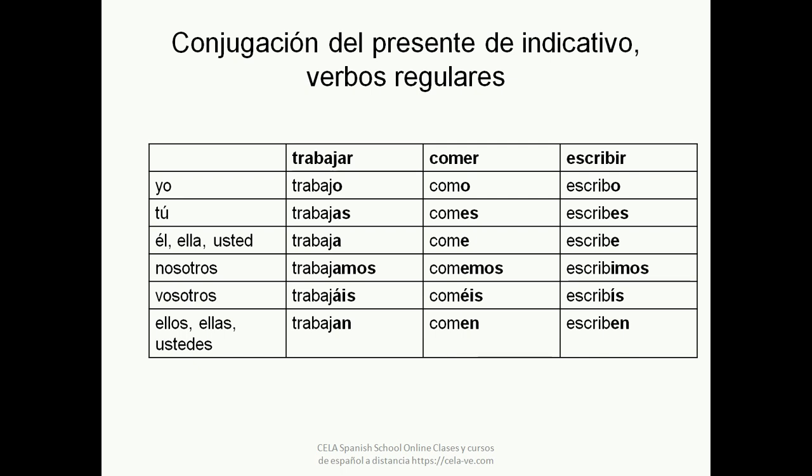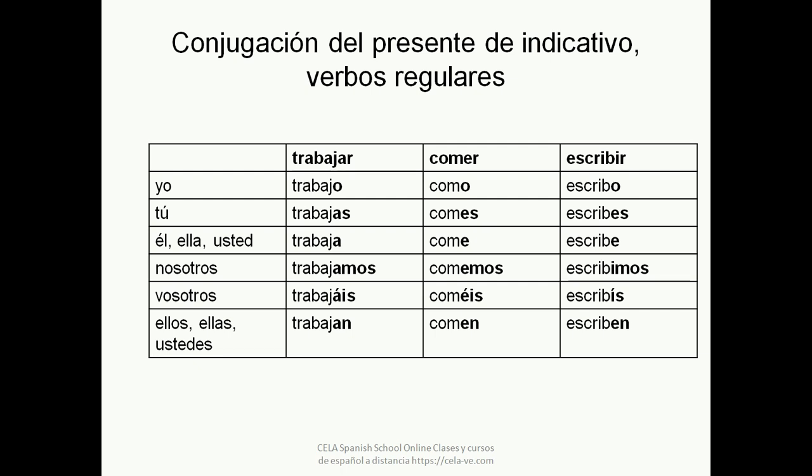Yo como, tú comes, él, ella, usted come, nosotros comemos, vosotros coméis, ellos, ellas, ustedes comen. Escribir. Yo escribo, tú escribes, él, ella, usted escribe, nosotros escribimos, vosotros escribís y ellos, ellas, ustedes escriben.